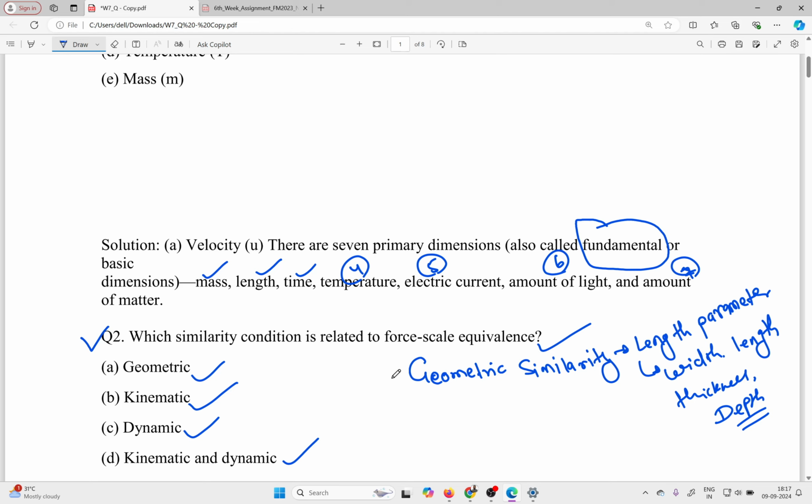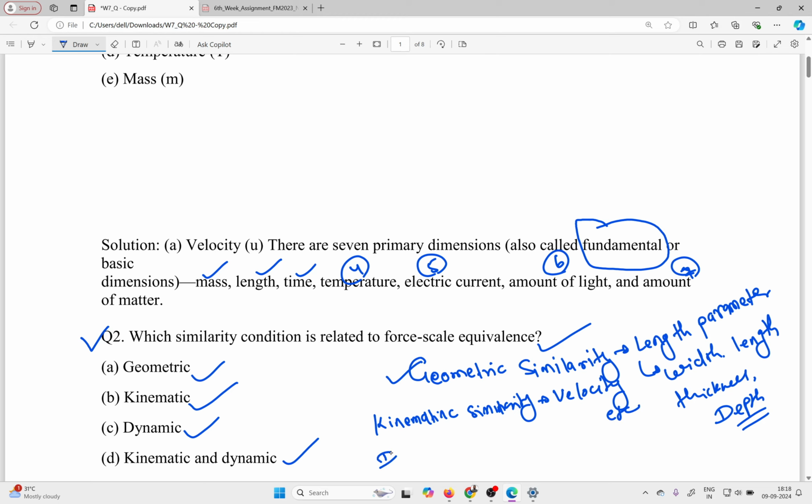This type of parameters we look in the geometric similarity. Now, what is kinematic? Kinematic similarity. In kinematic similarity, basically we see the velocity part.